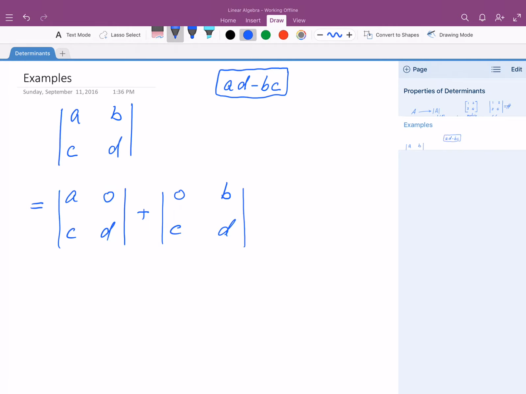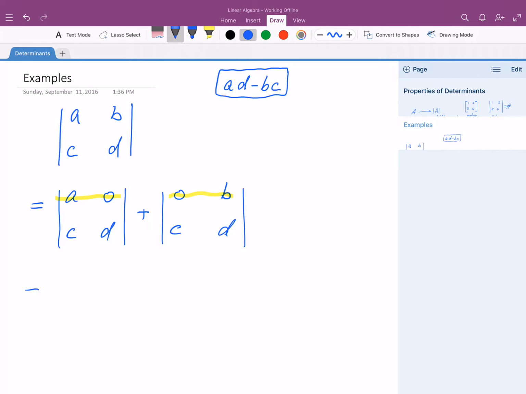Let's get rid of these. All right, so that's using linearity, the addition version. Now I'm going to use linearity by factoring out a multiple. And the multiple I'm going to factor out is A from the first row and B from the first row in the second matrix.